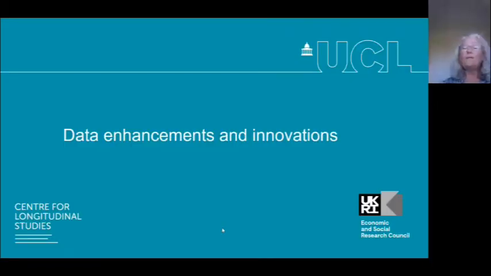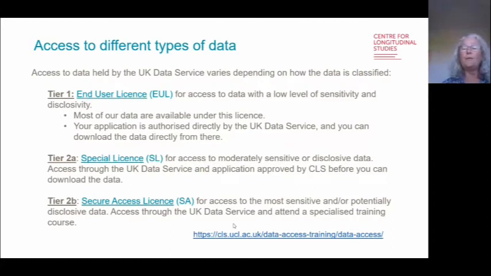There's also a range of data enhancements and innovations in the BCS-70, some of which I've broadly mentioned, to use alongside the main content. First I'm going to explain the different types of data to inform the next section. There's a wide range of data available. The data goes through a process of classification based on sensitivity and disclosure, and is grouped into low, moderate and the most sensitive and disclosive data.